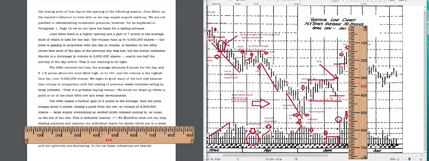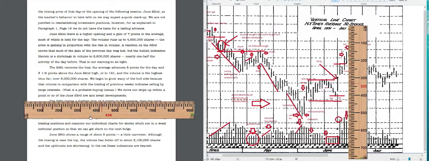Remember, even if there's a climax, the way climaxes are described is they do two things. One is they can terminate, or they can indicate a termination is coming, meaning we're close to it, almost there. So he's saying that this is a climax, this bar right here with heavy volume.